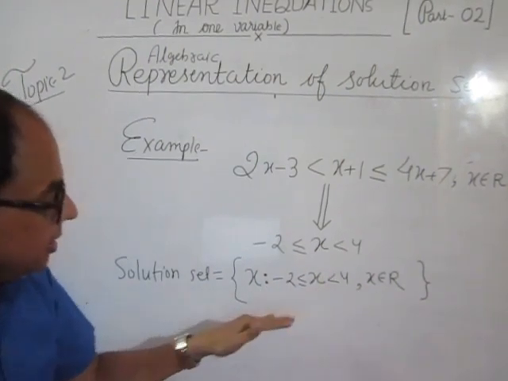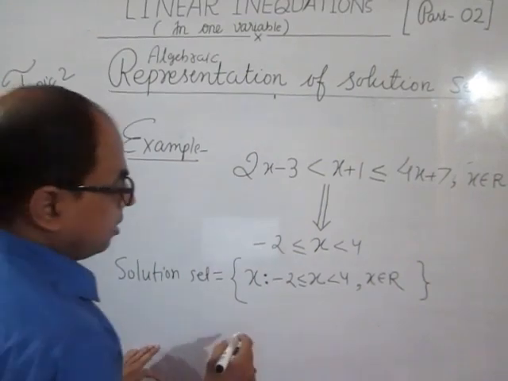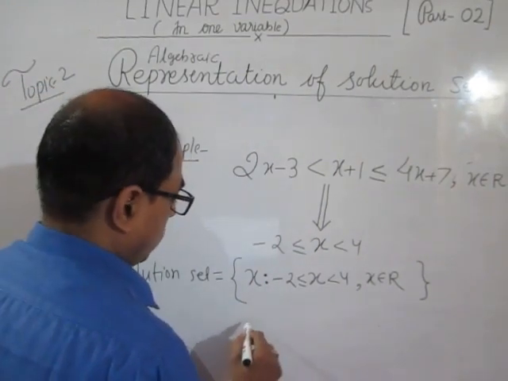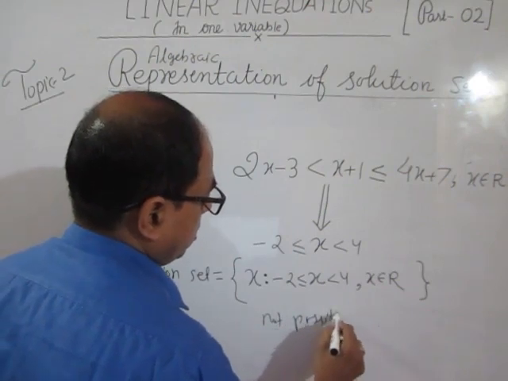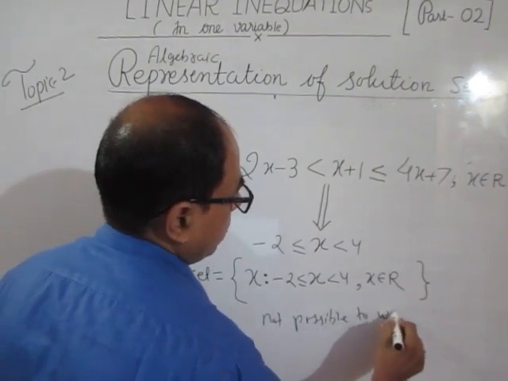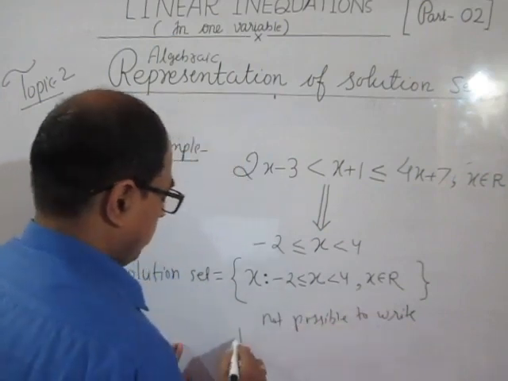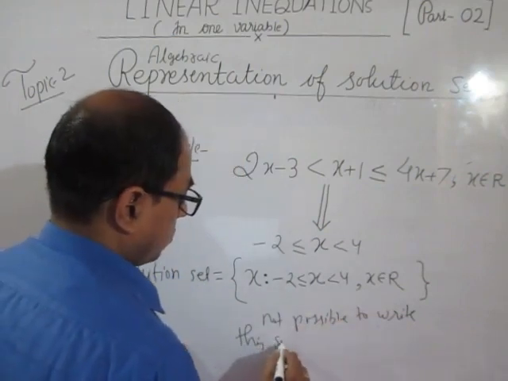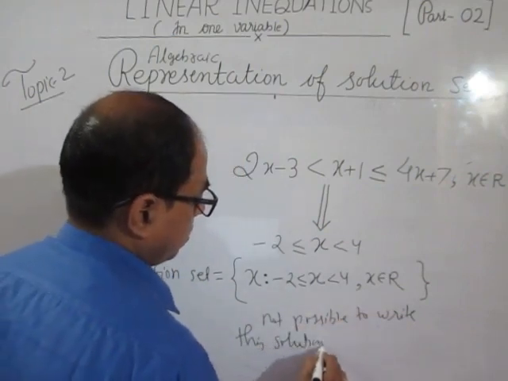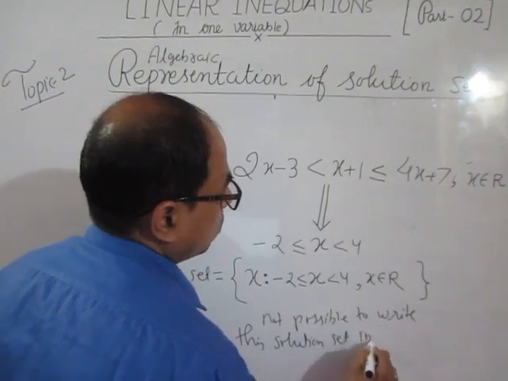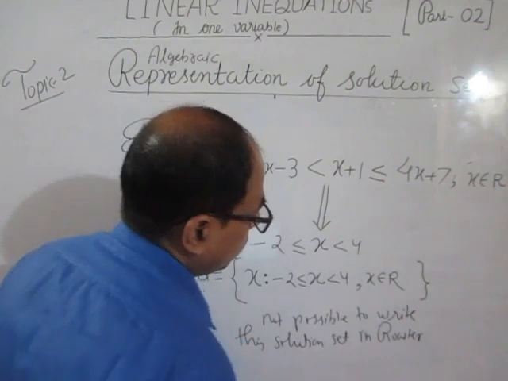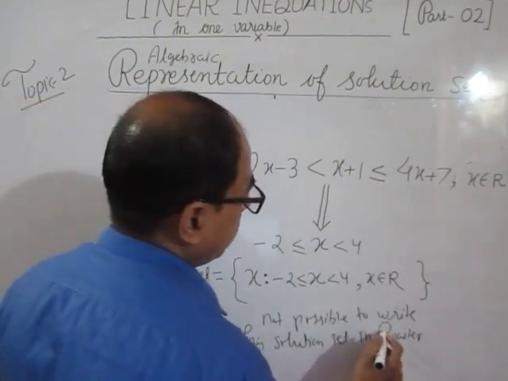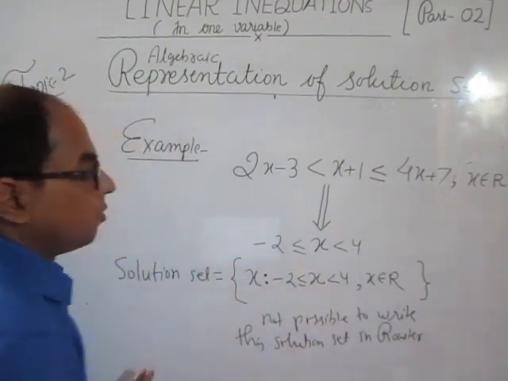So in this case it is not possible to write this solution set in roster form, because we are not able to make the list of all the real numbers between -2 and 4.